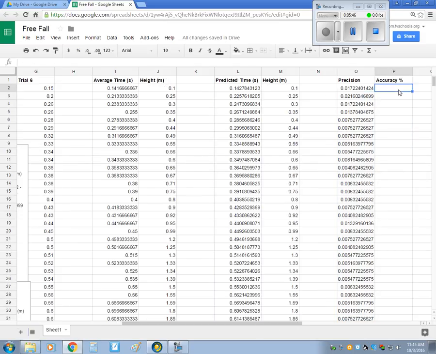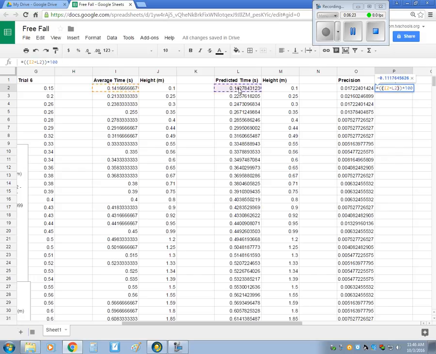Now for accuracy, remember that it's a percentage, and we take the measured value minus the accepted value divided by the accepted value. Well, in this one we don't have accepted values, but we have predicted values. So to do this one, my formula is going to be something times 100, because I want to turn this into a percentage. So I'm going to have my average value minus my predicted value.